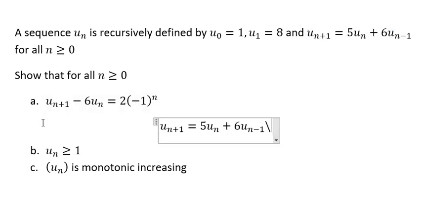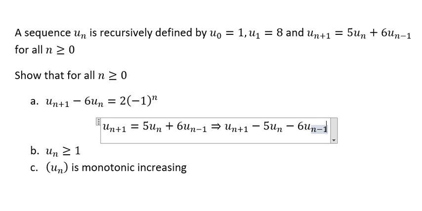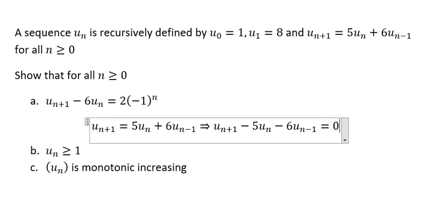I'll bring everything from the right hand side to the left hand side. I'm going to have Un plus 1 minus 5 Un minus 6 Un minus 1 equal to 0.